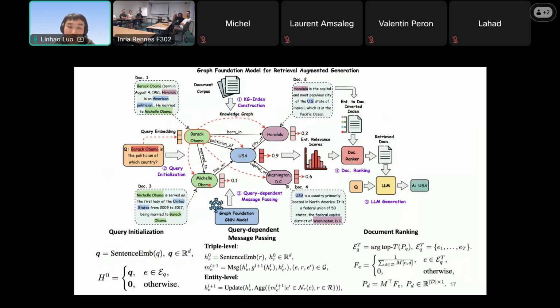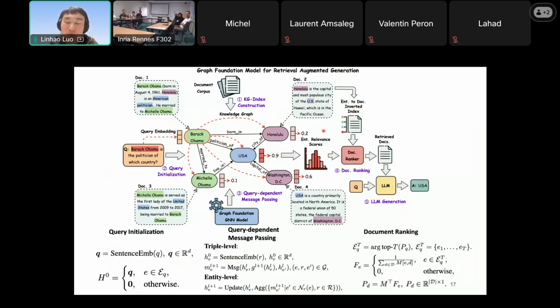So in the end, for each entity in the graph, we can calculate entity relevance scores. This estimates how relevant the entity is to the query. Here we can see that the most likely answer is USA, so it gets the highest relevance score. Then these entity relevance scores will be fused together with the inverted index.